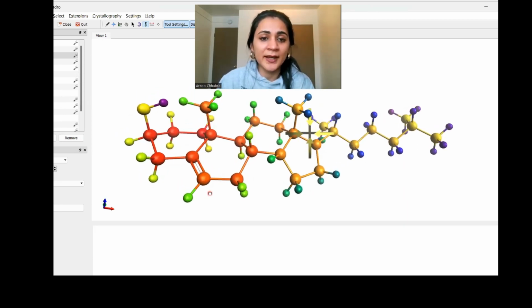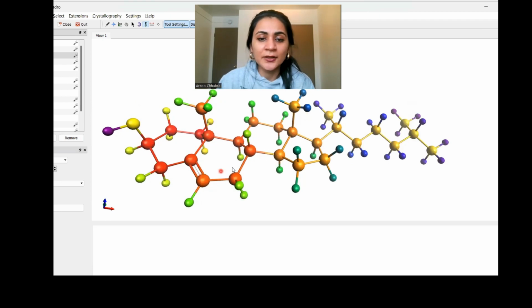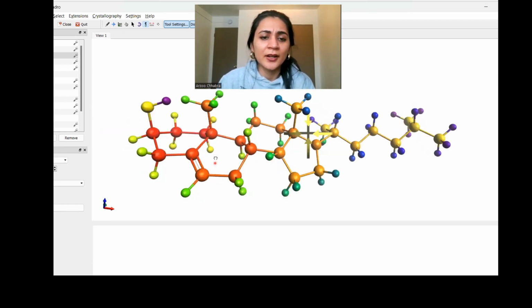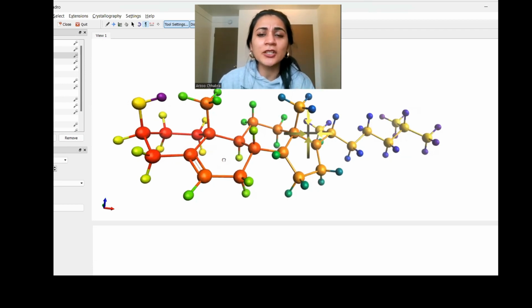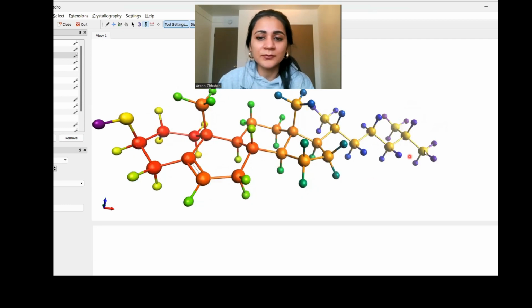And the reason for that is the adjacent ring attached to it right over here has a double bond present in it, which is affecting the conformation of that first six-membered ring. It is kind of like a boat conformation, but not very much a chair conformation, right?